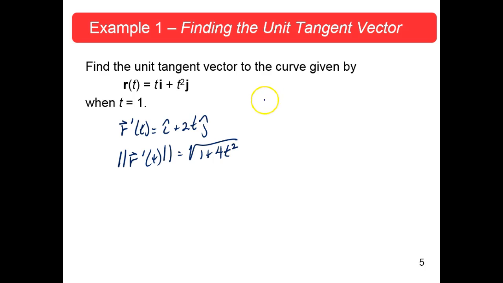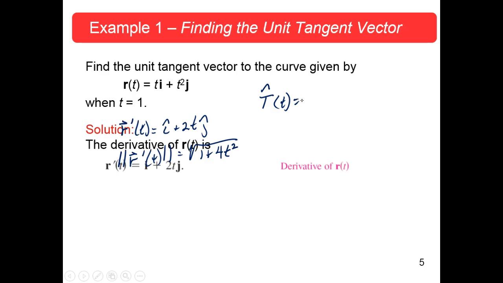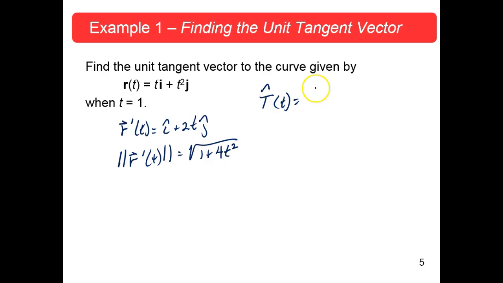The unit tangent vector, and this is a unit vector, so I'll put the caret over it. Okay? Unit tangent vector as a function of time is going to be i plus 2tj over the square root of 1 plus 4t squared.